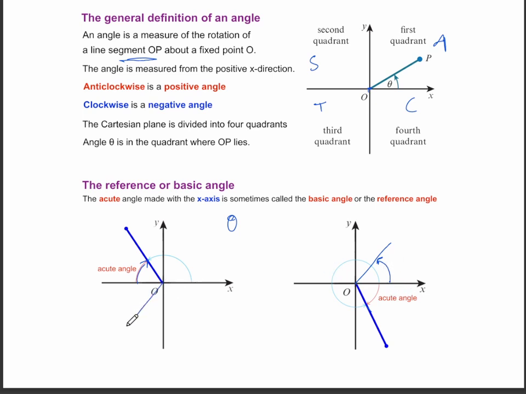And if it's in the third quadrant, again, the acute angle is going to be this right here, and it's going to be a positive angle because it is going anti-clockwise. So these are all the reference angles, the theta. Why this is important, I will come to that.